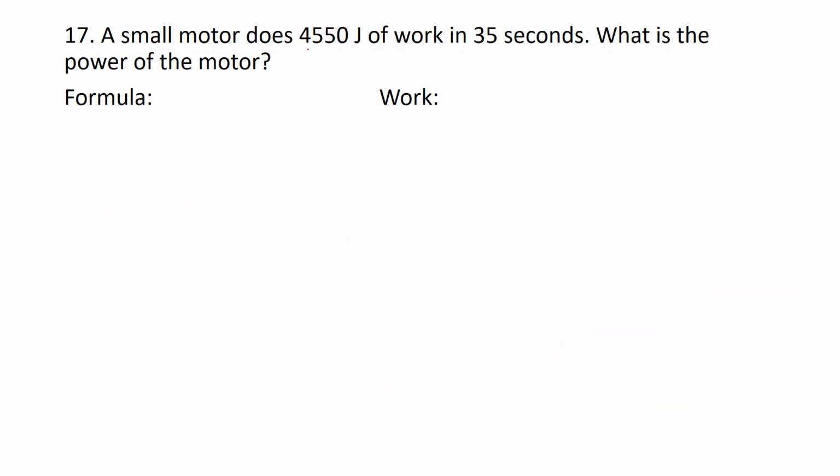Okay, a small motor does 4,550 joules of work in 35 seconds. What's the power? This is another one of these. Power equals work over time, and they're giving us the work, they're giving us the time. So work here equals 4,550 joules. Time equals 35 seconds.